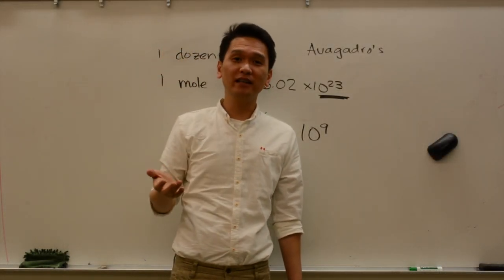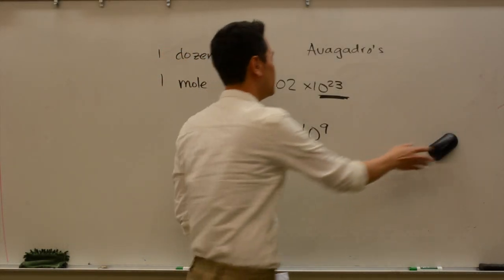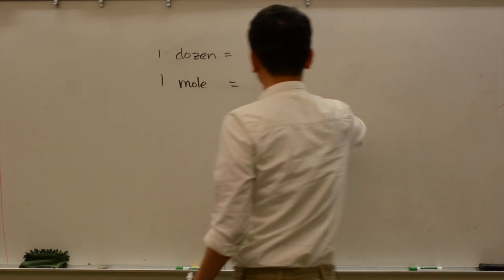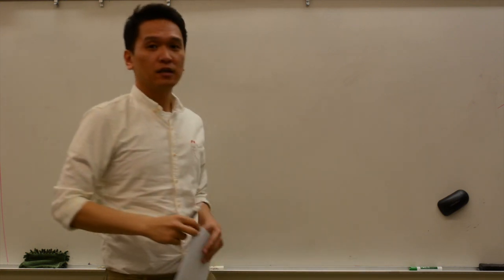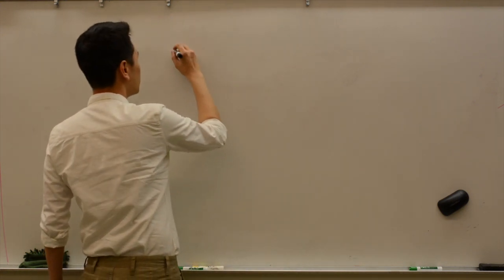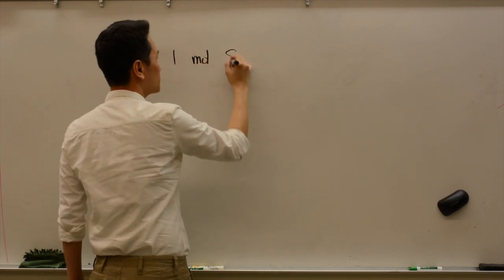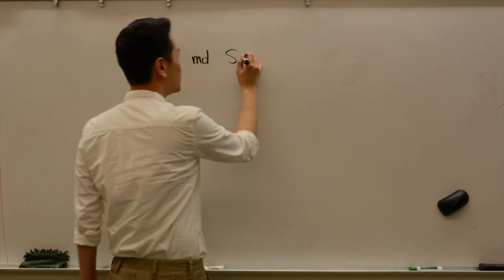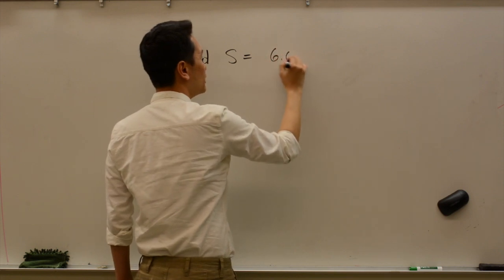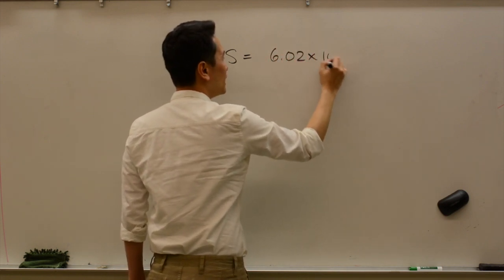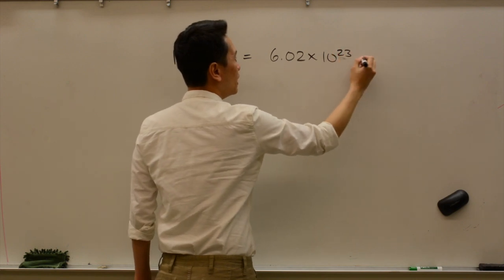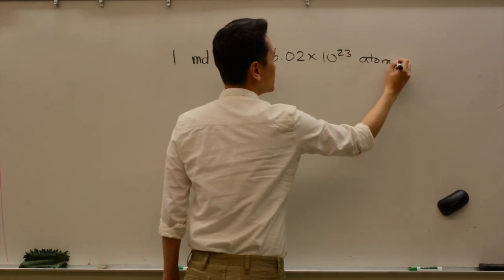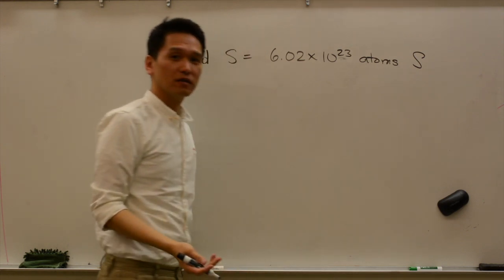Okay, so let's apply this new concept of the mole. So for example, when I say I have a mole of sulfur atoms, that means I have 6.02 times 10 to the 23rd atoms of sulfur, right?